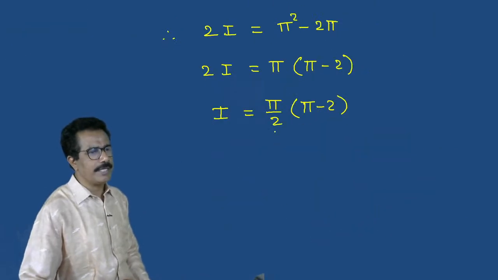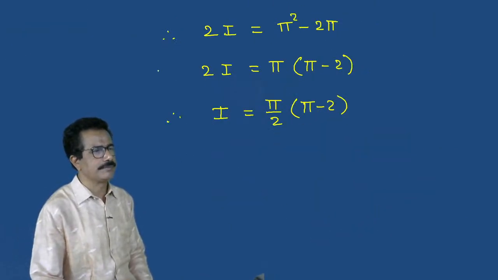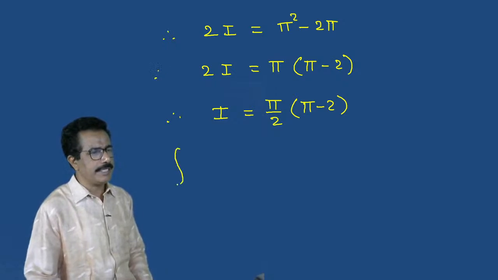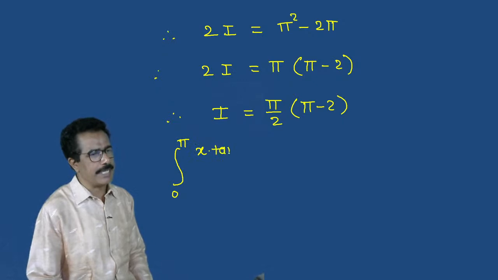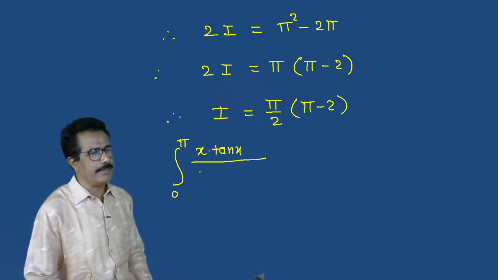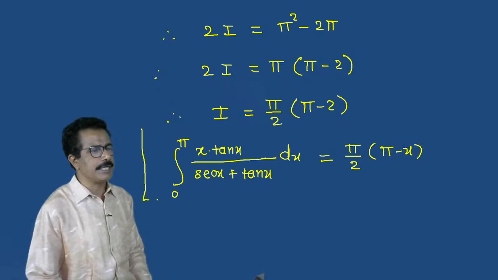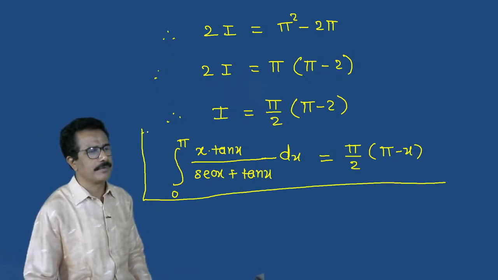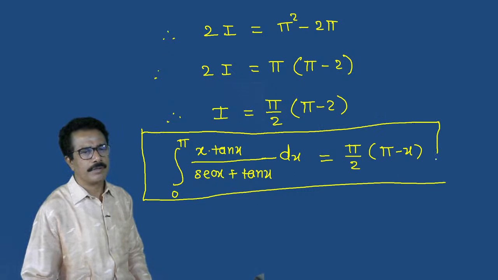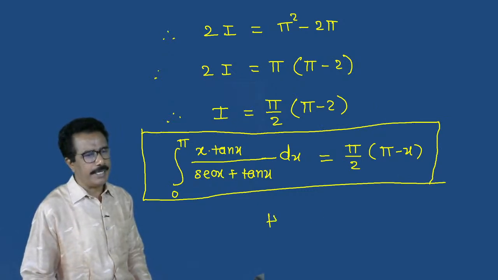So our answer will be, therefore, integral from 0 to pi x tan x divided by sec x plus tan x dx, which will be pi by 2 into pi minus 2, and this is the required proof. Is it okay? And hence proved.